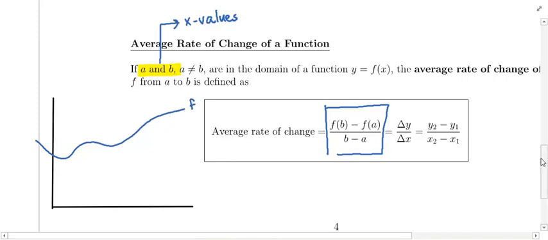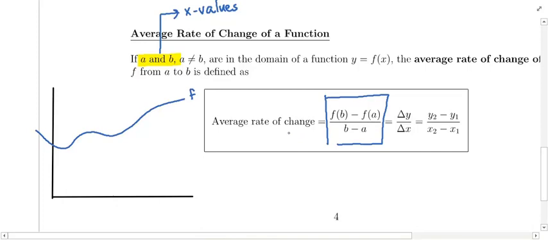Like I said, A and B are x values. The function that you're given, its domain could be all real numbers. It may be defined everywhere, but you're only going to be interested in the portion of the function between x equals A and x equals B. I'm going to put x equals A right here and x equals B right here.